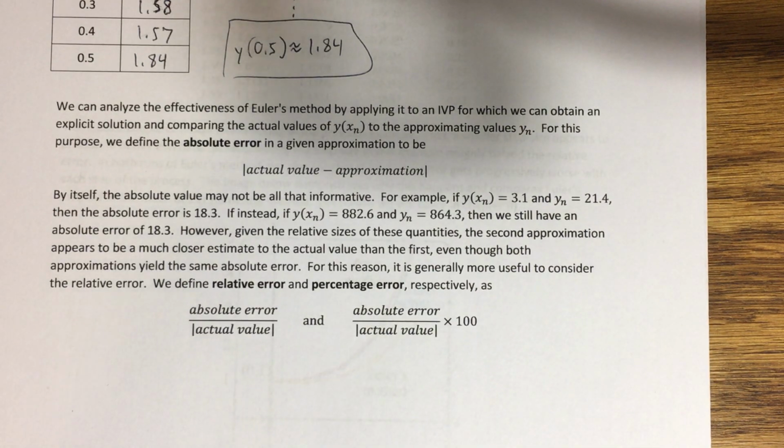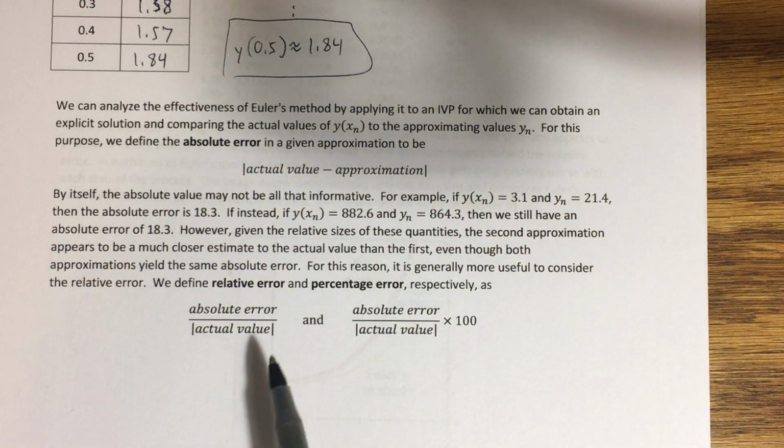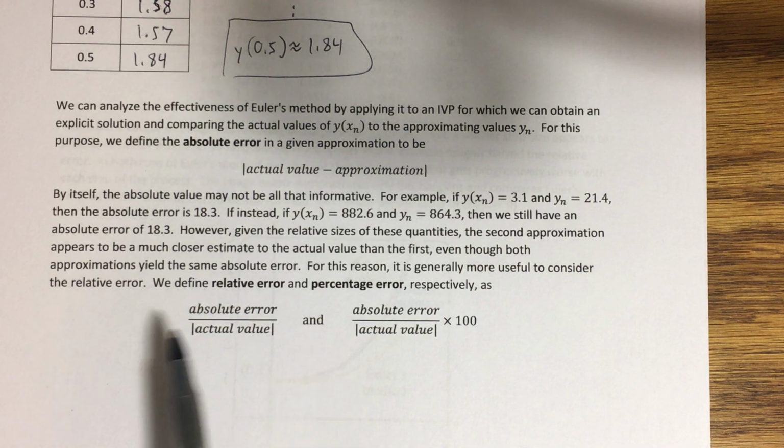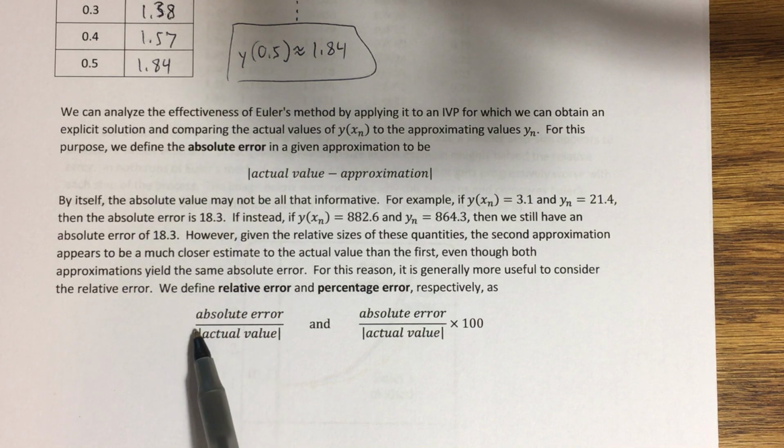So as a raw value, absolute error doesn't really tell us very much. What's more useful is relative error, or the related quantity percentage error, and we define both of those down here. The relative error in an approximation is defined to be the absolute error that we found up here divided by the actual value.